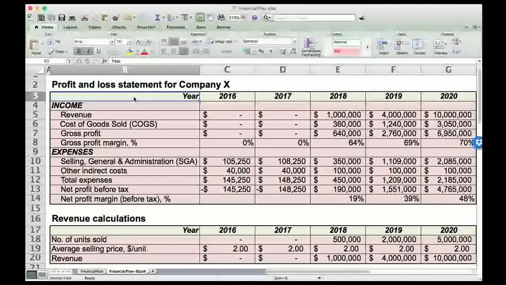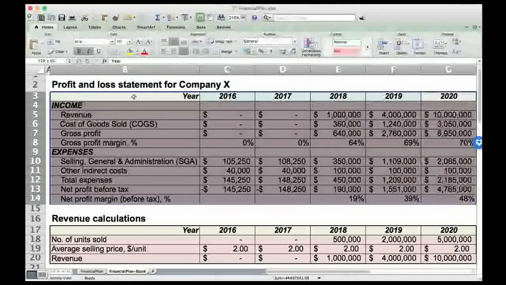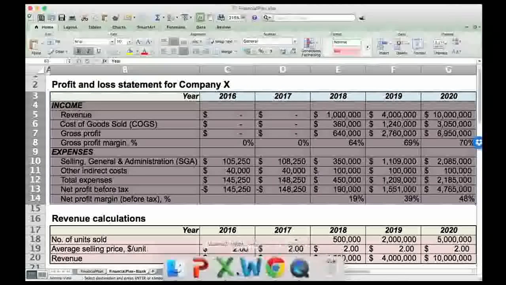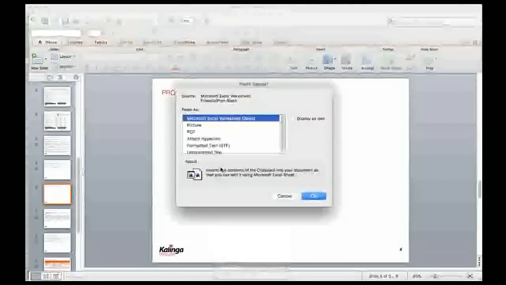The profit and loss statement for company X. So I would copy the table and paste it in the PowerPoint presentation.